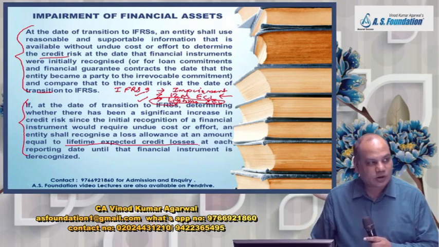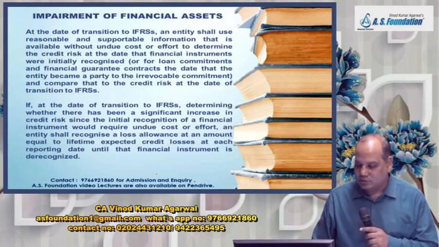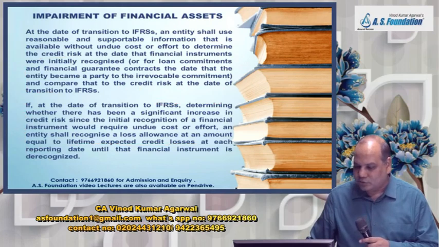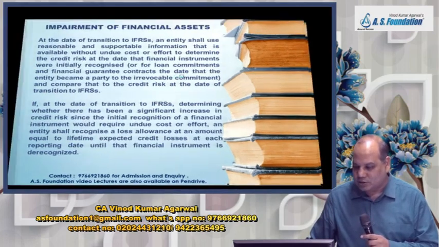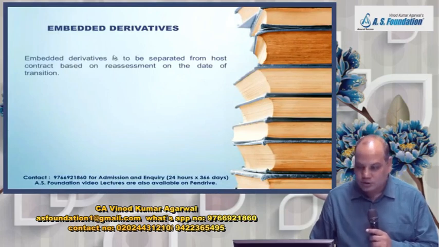To be on the safer side, you make a provision assuming lifetime expected credit loss till that financial instrument is derecognized. So management will find some ways or means to check the credit risk. Otherwise, they will have to make a high provision for losses.